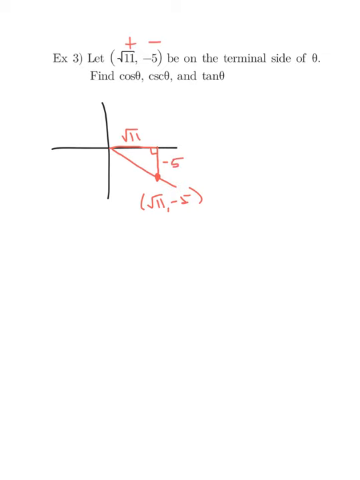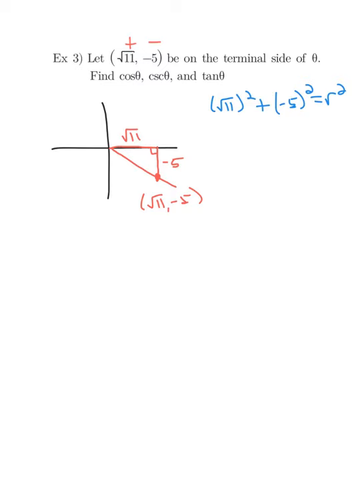So we know two sides of a right triangle. How do we find the third side of a right triangle? We always use the Pythagorean theorem. Square root of 11 squared, x squared, plus y squared, negative 5 squared, has to equal, we're not going to call it z in this case because that's a radius, we're going to call it r squared.